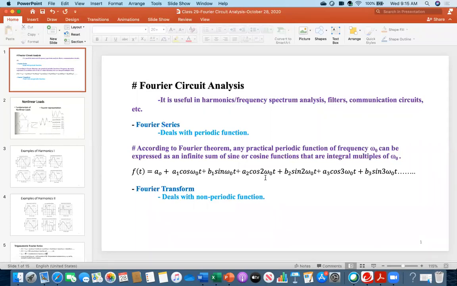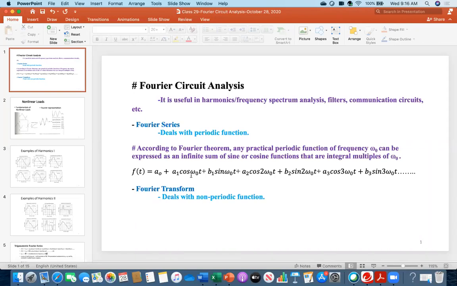Then here you see it was cosine of omega naught t, then cosine 2, cosine 3, cosine n times. This means if this omega naught is the fundamental frequency, which is 60 hertz, then 3 is 3 times of 60, or if it is n, then n times of 60.